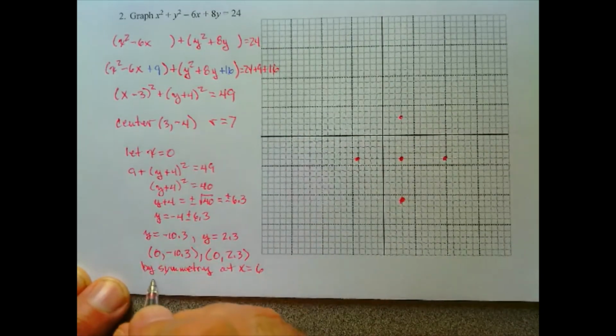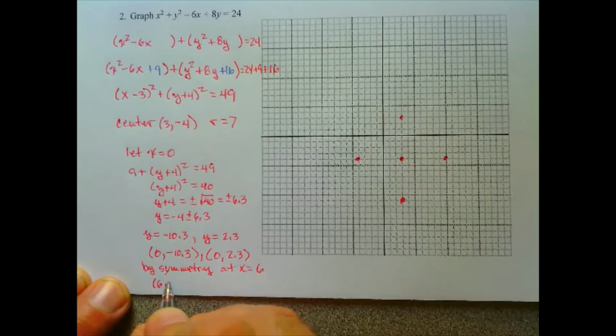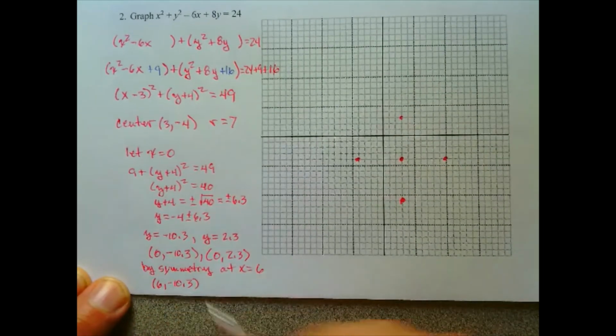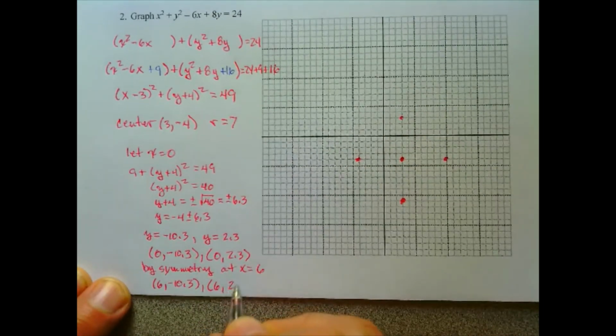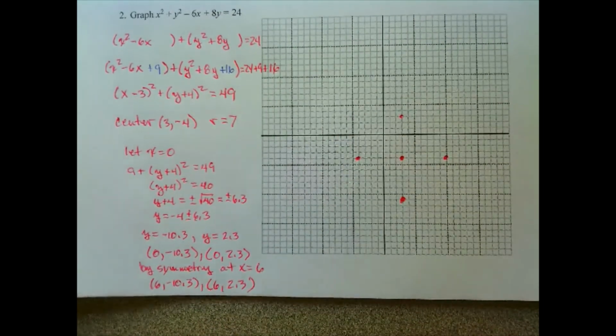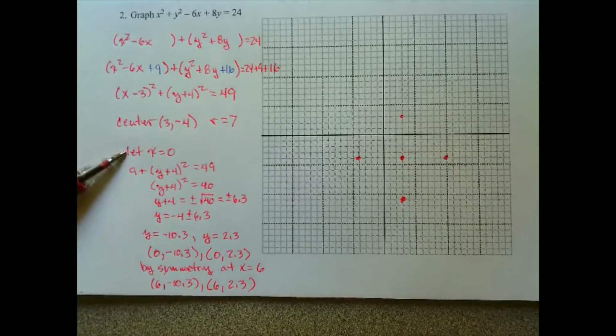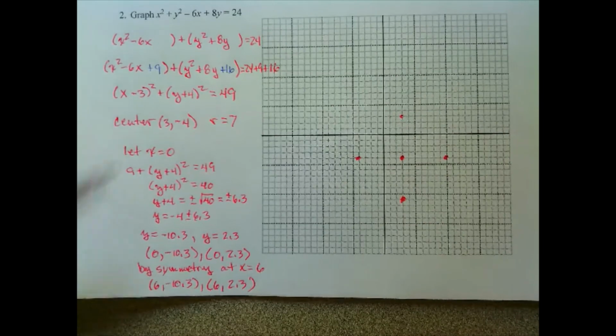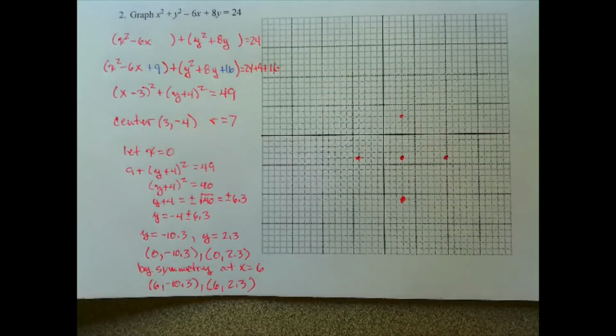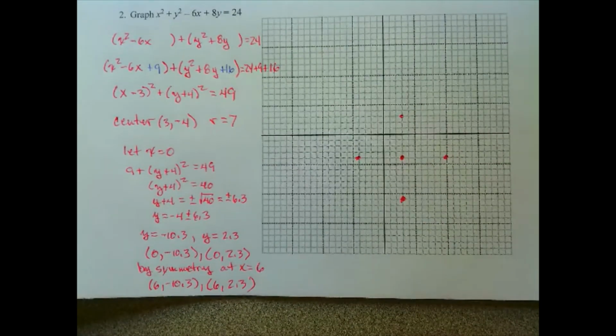And so I also have 6, negative 10.3, and 6, 2.3. And so just by using 1 point, I get one value of x, I get 4 different points that I can now make for my graph.